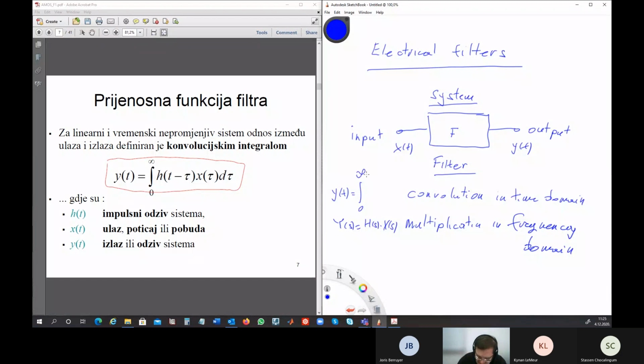You see immediately which kind of equation is more practical. So is it convolution or is it multiplication? Okay.